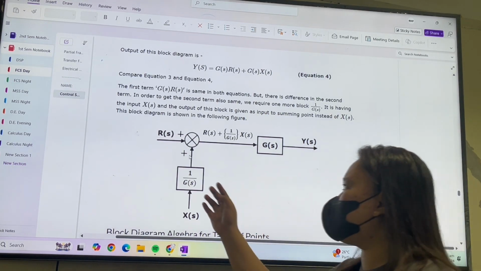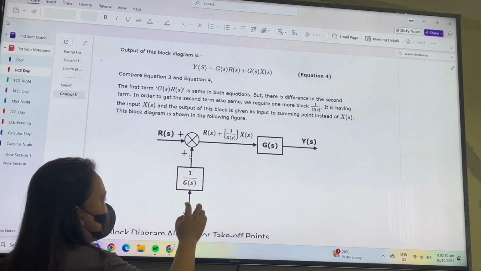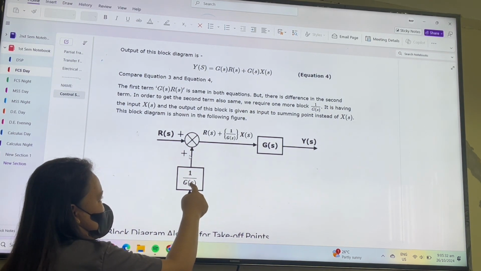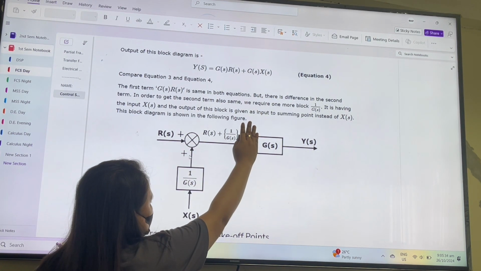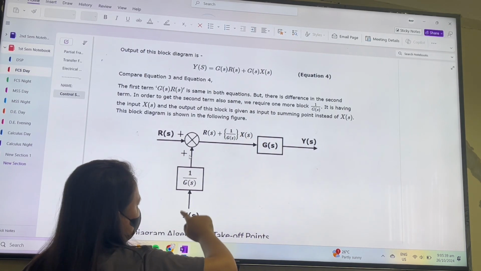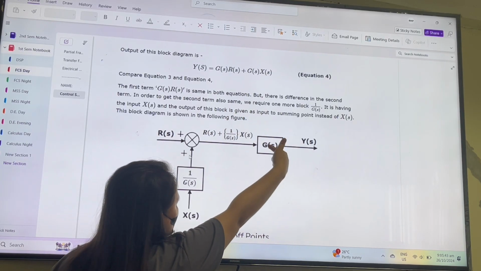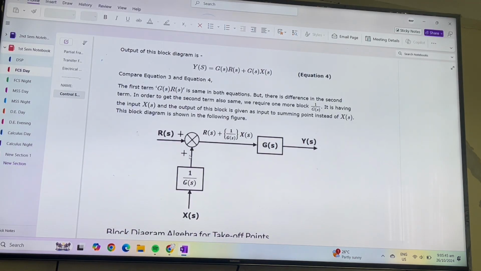Okay? So RS, transfer it. Then for XS, if you put the reciprocal of GS, that's RS plus XS, just right. XS times 1 over GS, you multiply. Now you multiply here.